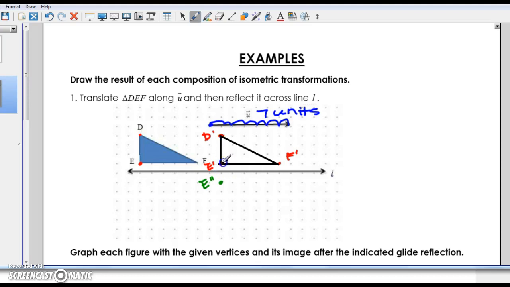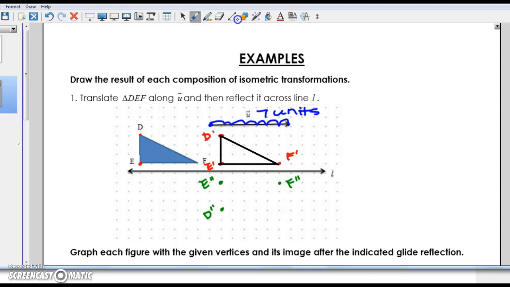D prime is up 1, 2, 3, 4 above the line of reflection, so I can go down 1, 2, 3, 4 to get D double prime. And then finally, F prime is above the line of reflection 1 unit, so I go directly below to get point F double prime. They're both 1 unit away from the line of reflection.